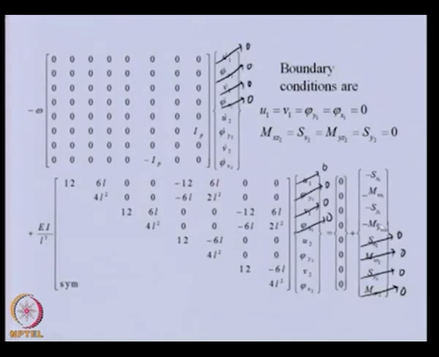Now we can see that in the right hand side only the last 4 rows are having 0 values. These are unknowns, so we need to eliminate them from the final reduced form of the equation. So basically we need to eliminate the first 4 columns and first 4 rows of each of these.